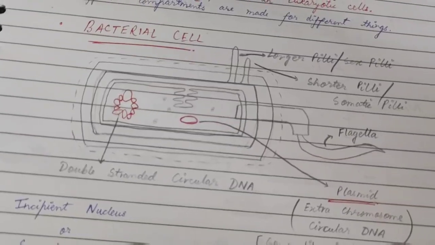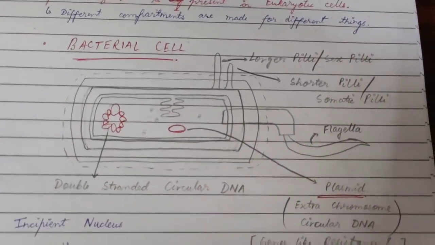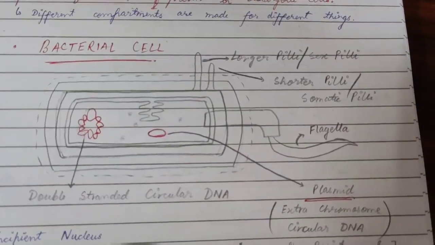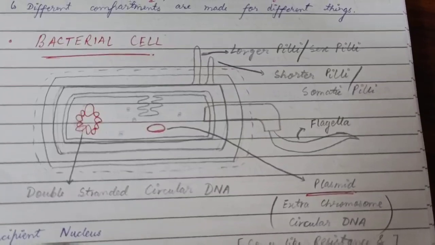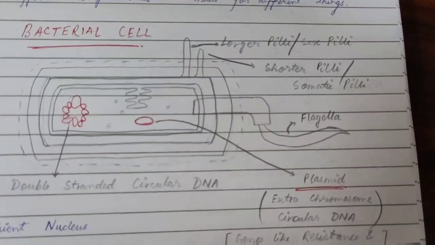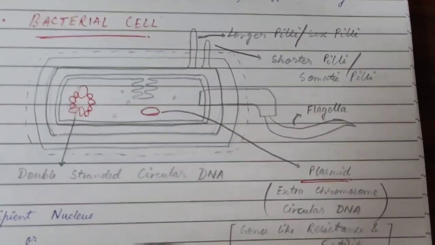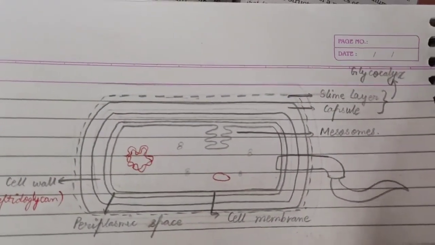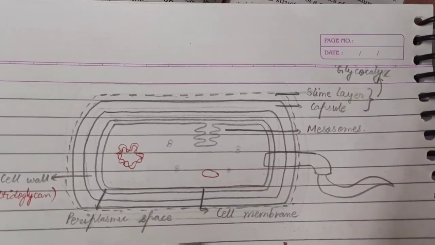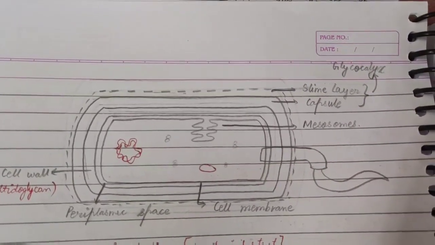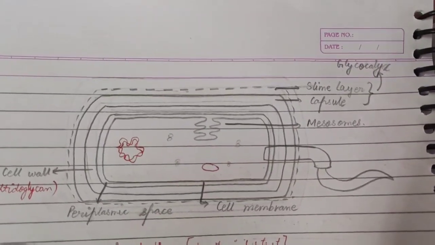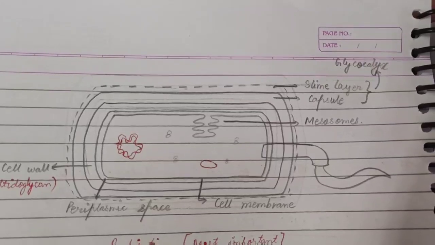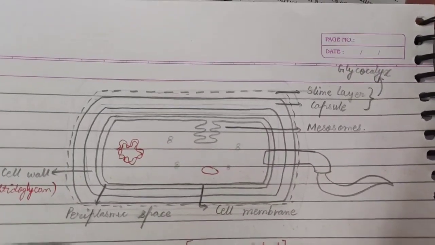A bacterial cell has a cell wall, double stranded circular DNA, longer pili also known as sex pili, shorter pili also known as somatic pili, flagella, plasmid, cell membrane, slime layer, and capsule. Slime layer and capsule combined are known as glycocalyx. The cell wall is made up of peptidoglycan. It also has mesosomes.